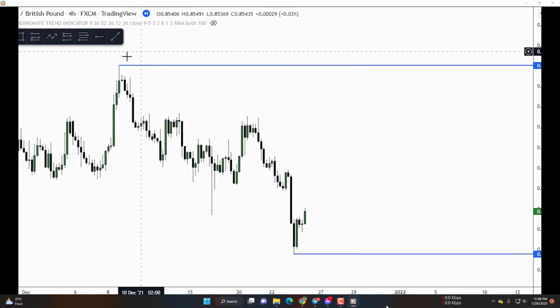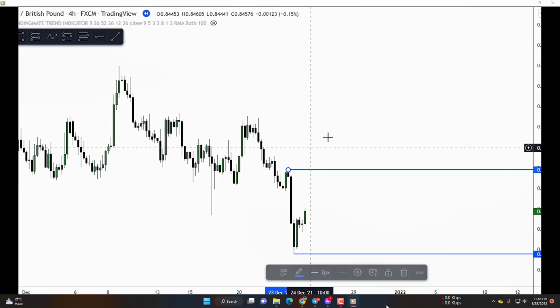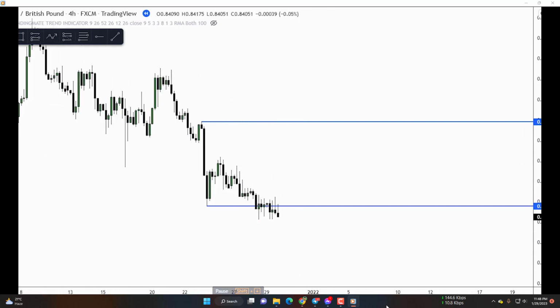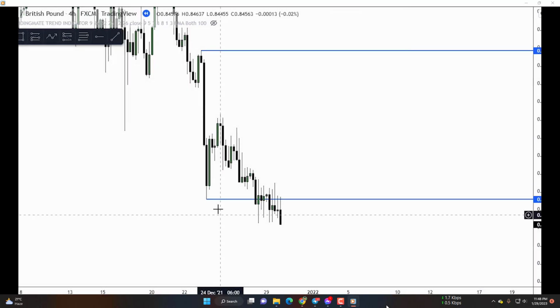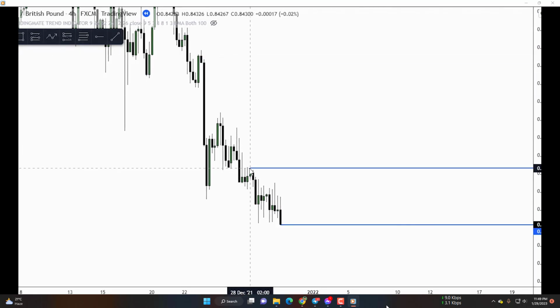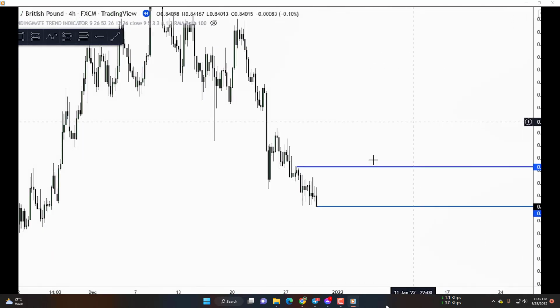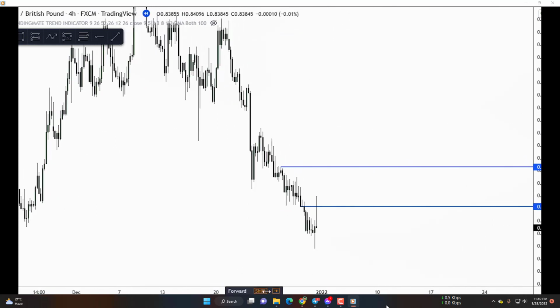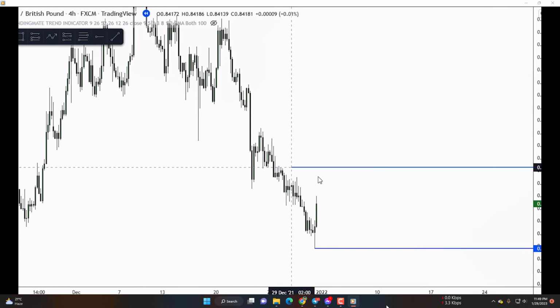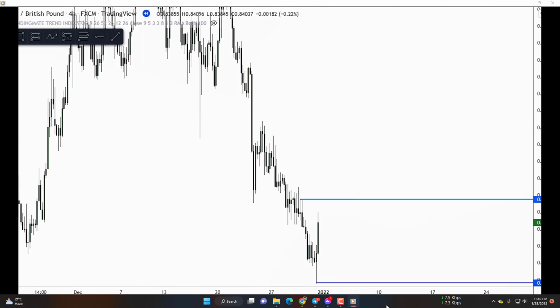So this is our new low and this is our new high. Okay, we got another break here. So this is our new low and this is our new high. Okay, still low here, high here.